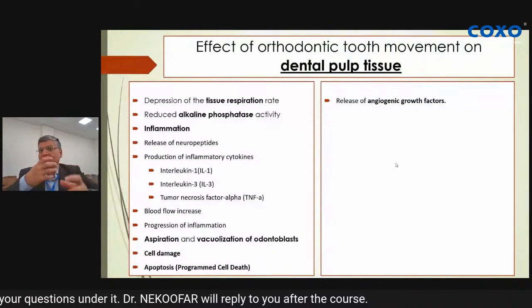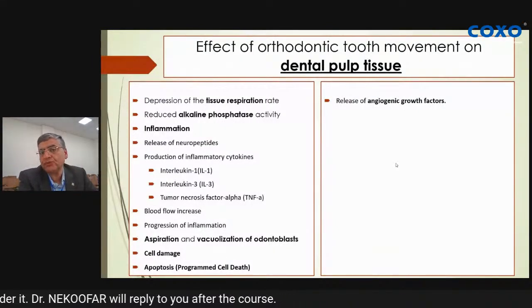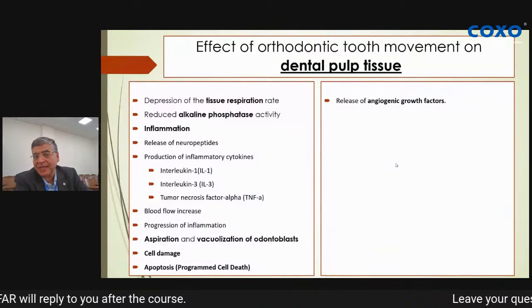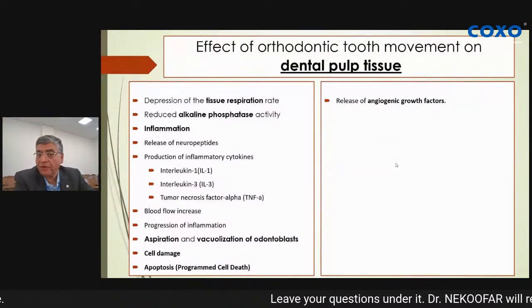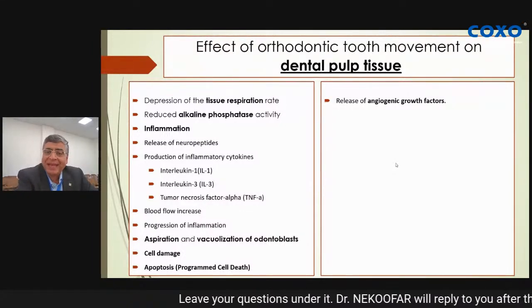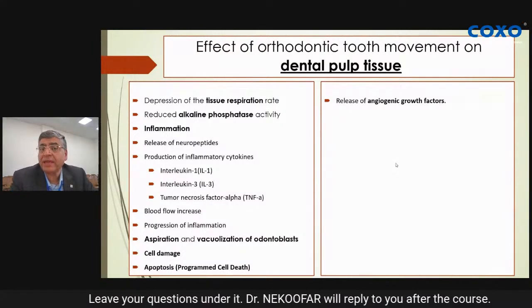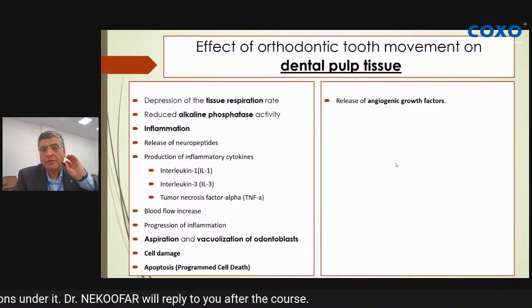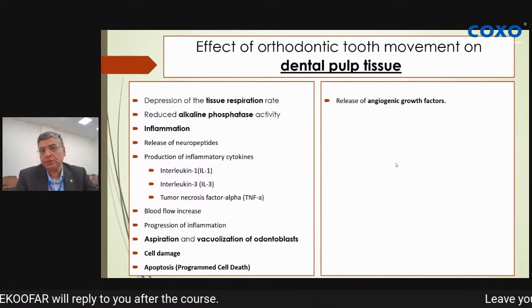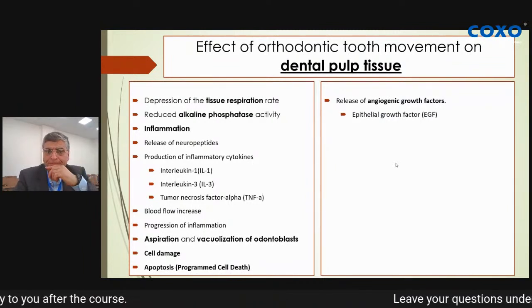Then our body and dental pulp will start responding biologically to control the spread of inflammation. So we have a release of angiogenic growth factors when we have force on the dental pulp tissue during tooth movement.